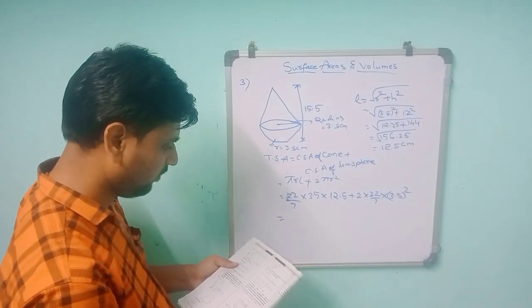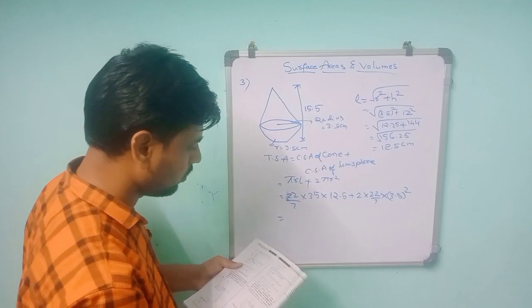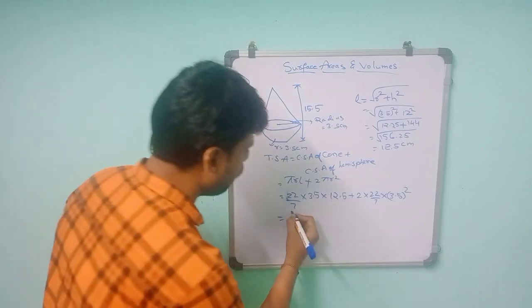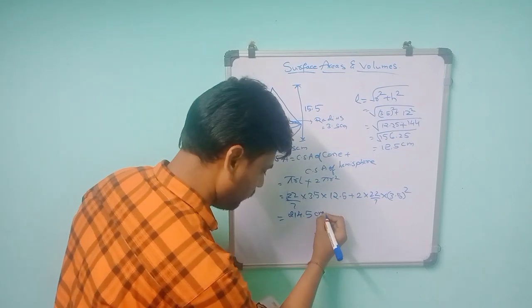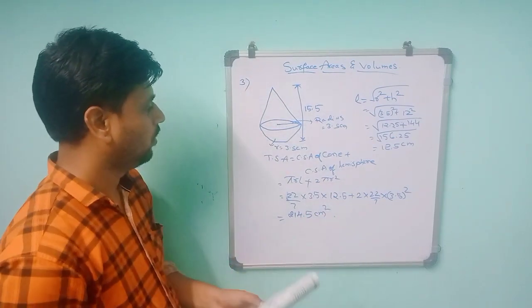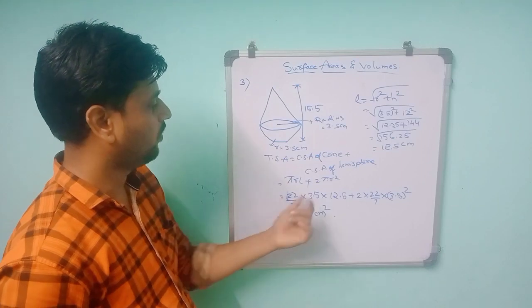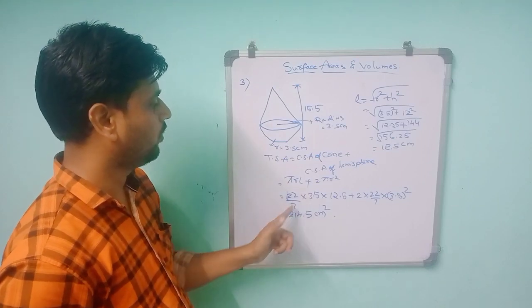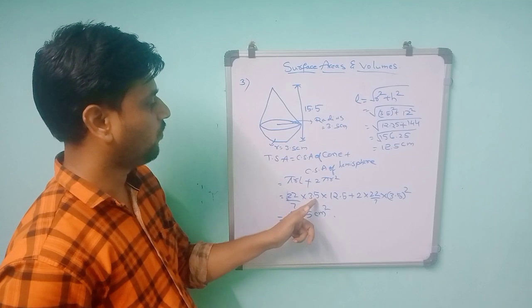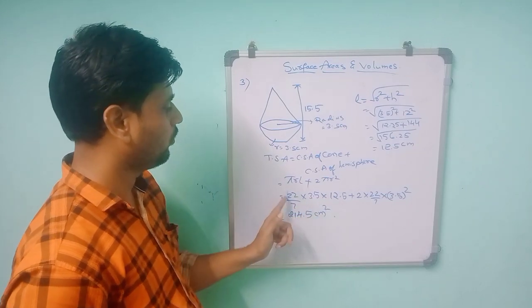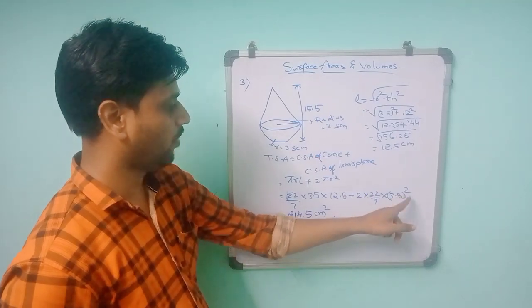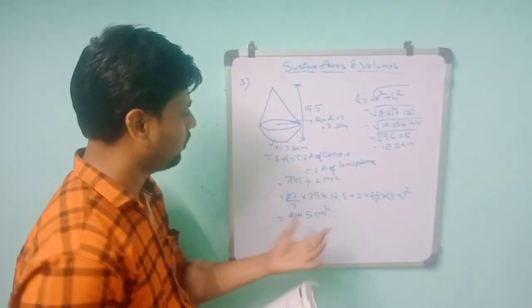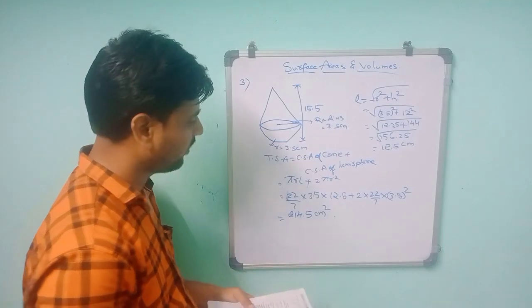After calculation you will get the answer as 214.5 centimeter square. If you calculate 22 by 7 into 3.5 into 12.5, and then 2 into 22 by 7 into 3.5 into 3.5, when you do the calculation you get 214.5 centimeter square.